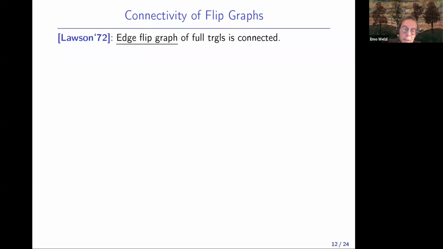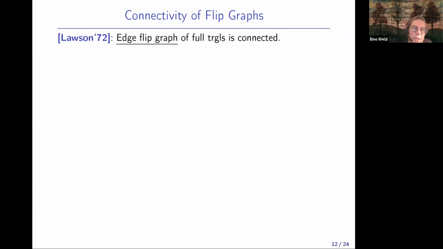I don't even know whether he called it a flip graph back then. But for practical purposes, because he wanted to compute good triangulations, he had a heuristic that started with a triangulation and used flips to improve the triangulation.